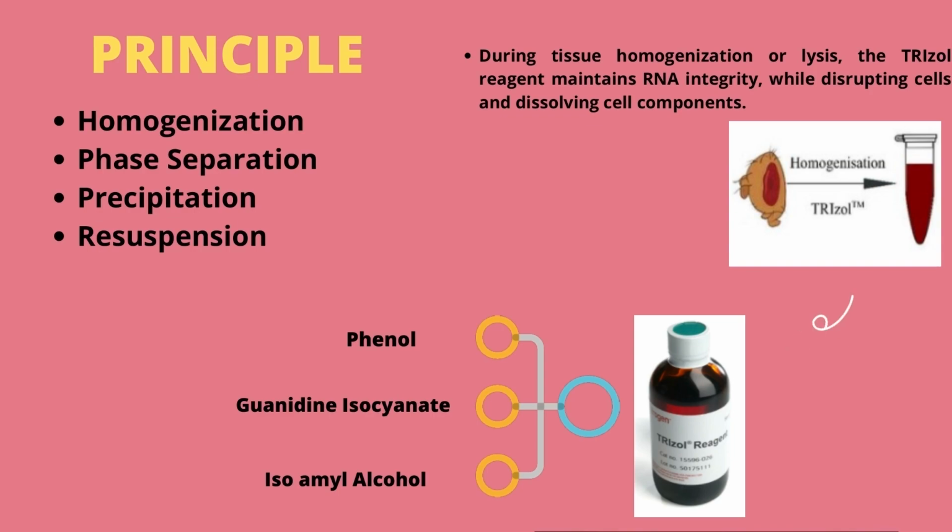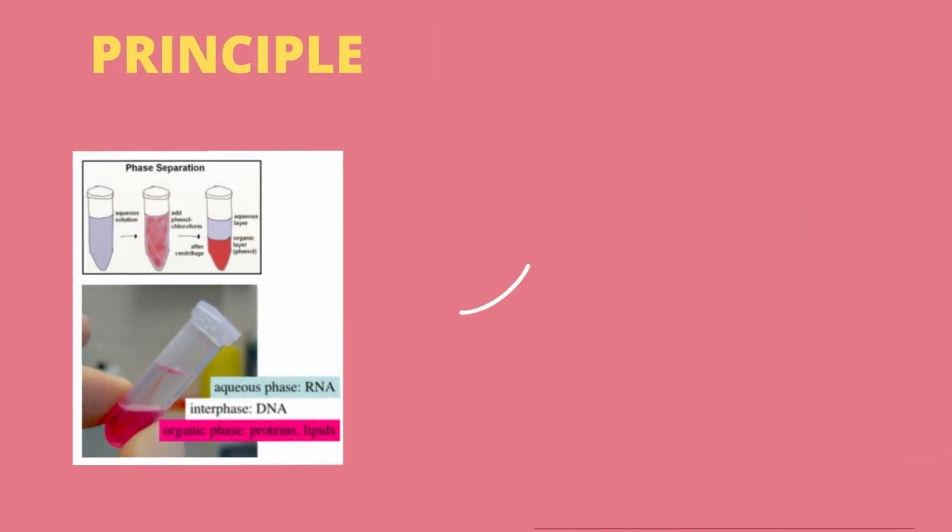Homogenization is carried out with the help of TRIzol reagent. TRIzol reagent is a ready-to-use reagent and it has three main components: phenol, guanidine isothiocyanate, and isoamyl alcohol. During tissue homogenization or lysing, this reagent maintains the RNA integrity by disrupting cells and dissolving cell components.